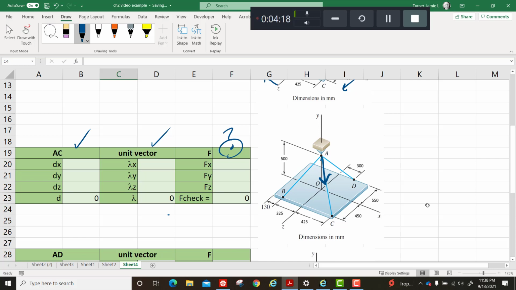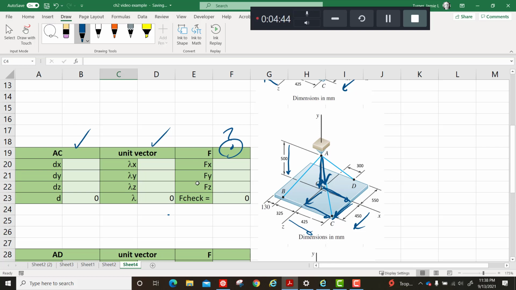So once again, we're going to pull down 500 in the Y direction. For the X direction, we're coming all the way forward for this 425. And then in the Z direction, we are coming forward 450. So down, forward, and forward on this one.